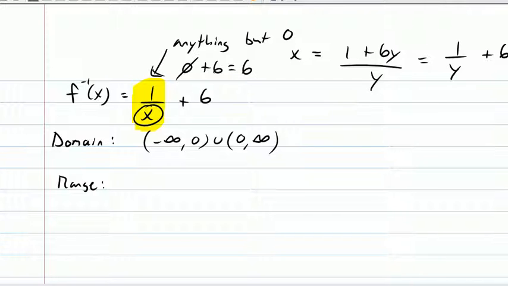But if it can't be 0, we're never going to get a value of 6 in our range. But we will be able to get everything else. Right? So our range is going to be from negative infinity to 6, union 6 to infinity. So if the piece in yellow can be anything but 0, positives and negatives, then we're going to be able to make 6 larger or make 6 as small or as negative as we want, and that's why we have this range.